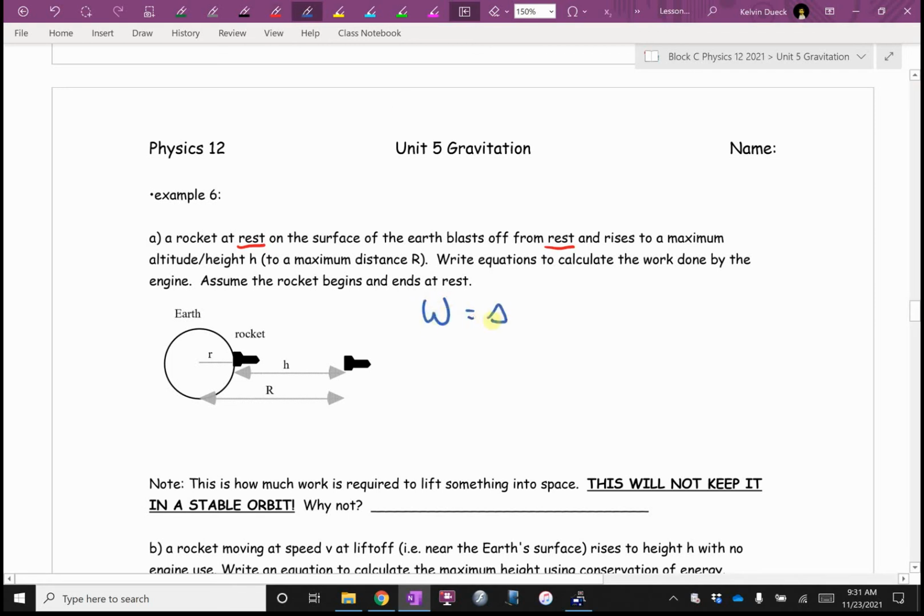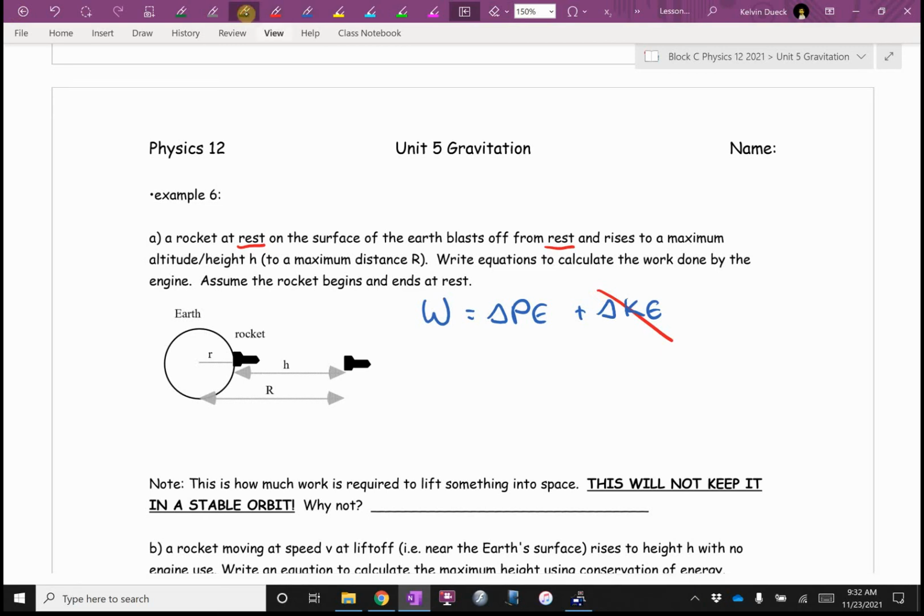Work equals change in potential. But Kessler, what does it want us to assume? Read the whole thing. There's a word, the sentence says... Okay?